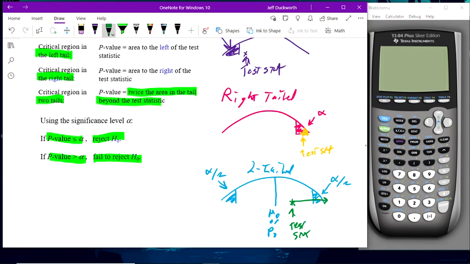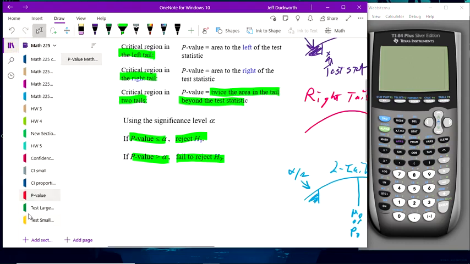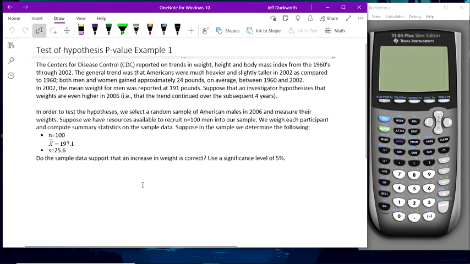So let's try an example here where the calculator is going to just show us how to do it. All right, so this says the CDC reported on trends in weight, height and body mass index from the 1960s through 2002.